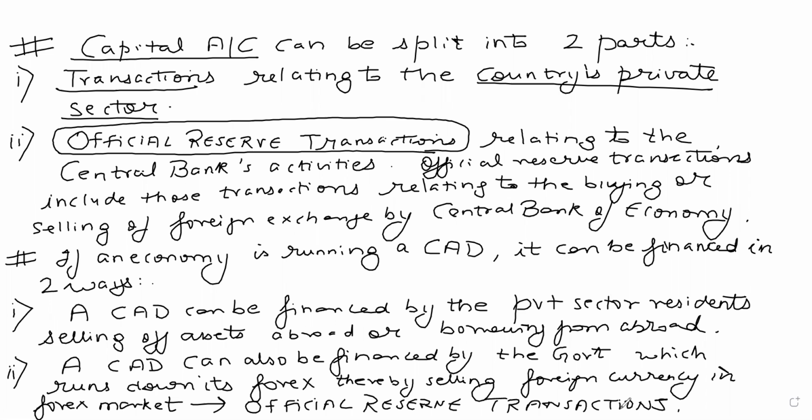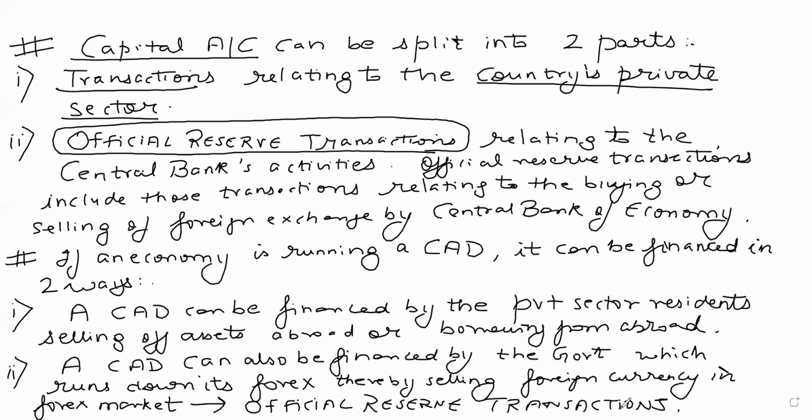Students should remember that the central bank of every economy has foreign exchange reserves of other countries. So if I talk about our economy, the central bank also contains reserves of foreign currencies like dollar, yen, pounds, euros, and so on.